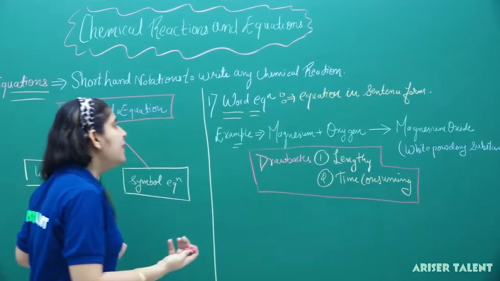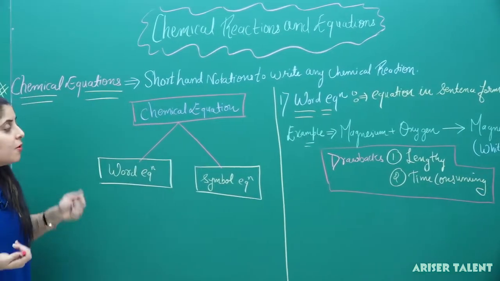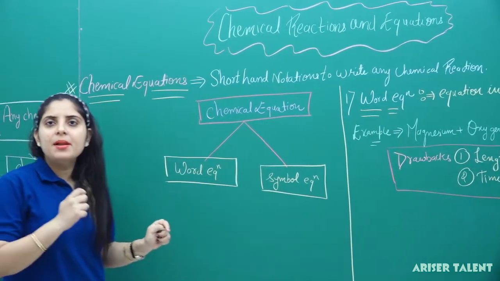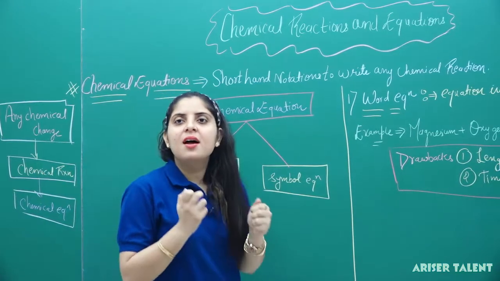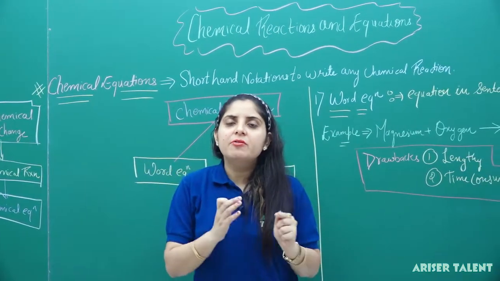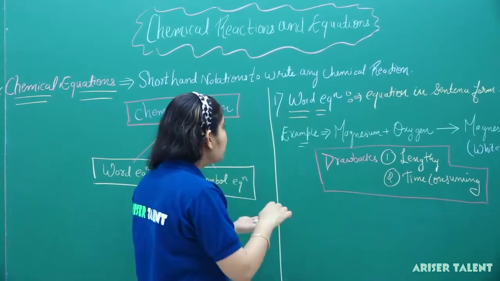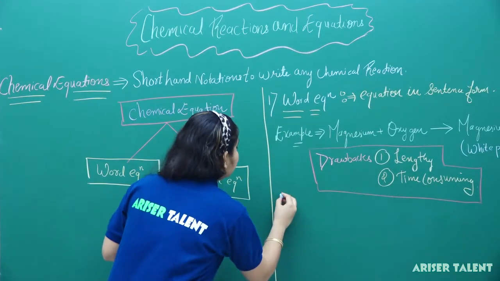So what alternative have we found for the word equation? We have our second category of equation, that is symbol equation. Symbol equations are the equations in which the equation is basically expressed in symbolic form.